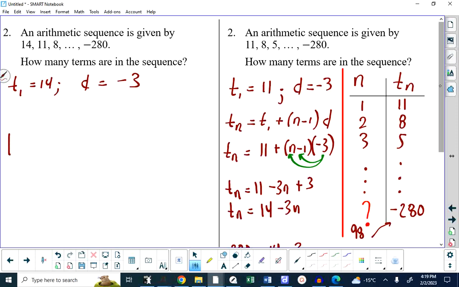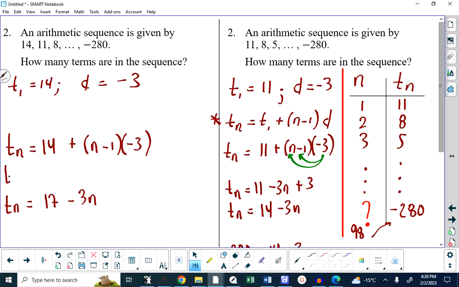That means when I put those parameters into this formula here, I'm going to get T sub n equals 14 plus n minus 1 times negative 3. And when you simplify that, you're going to end up with T sub n equals 17 minus 3n this time.